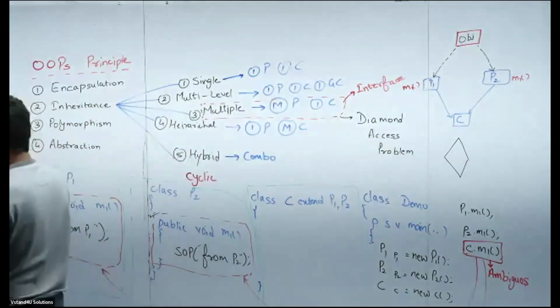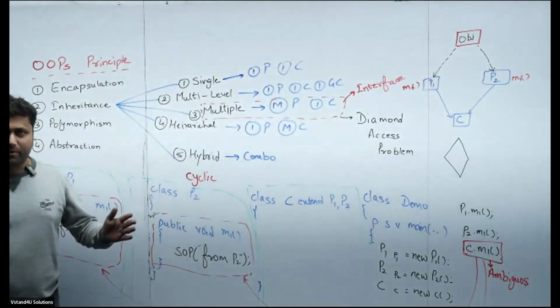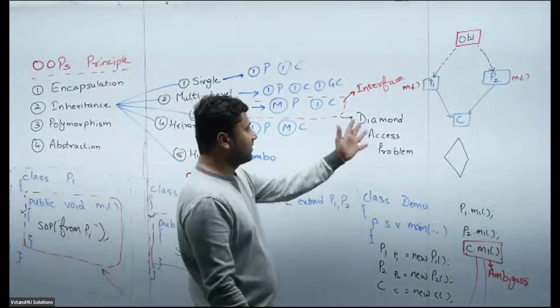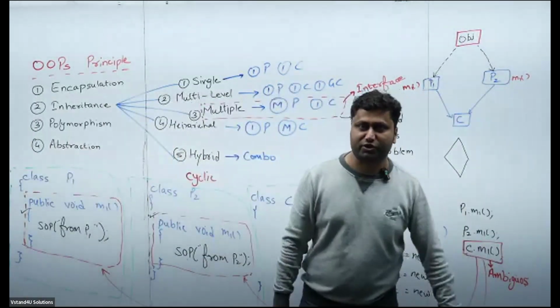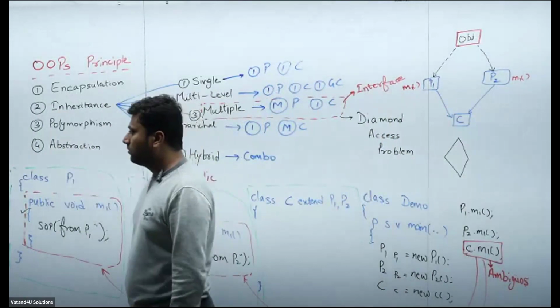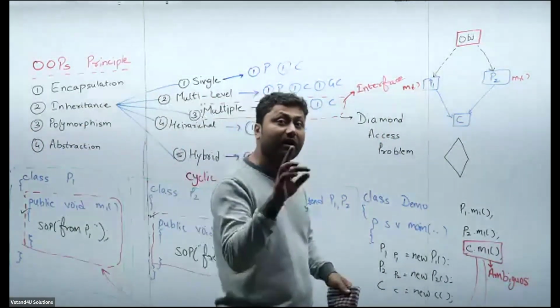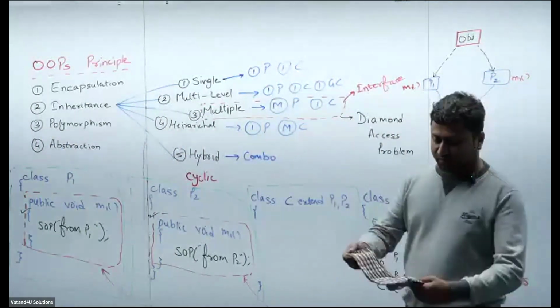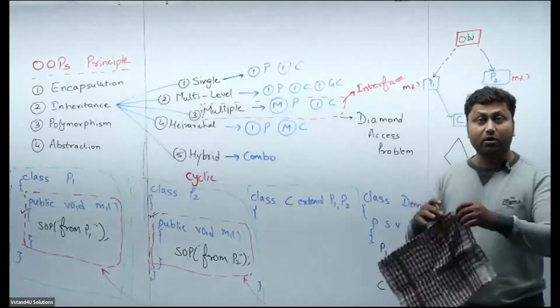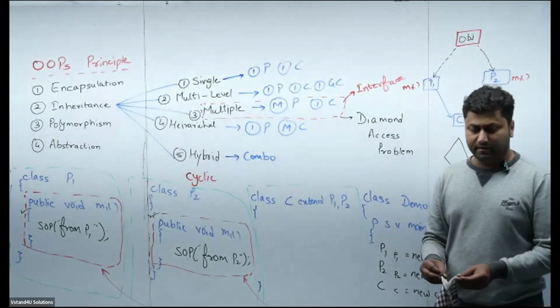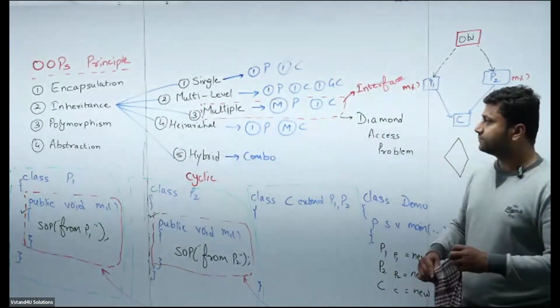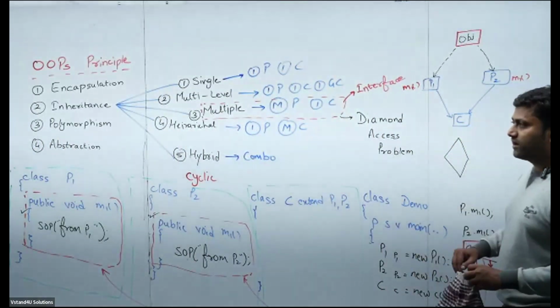Very good, guys. Tomorrow definitely we'll get into the interfaces discussion. So why Java does not support multiple inheritance with respect to classes is clear to all of us. Shall I move ahead?